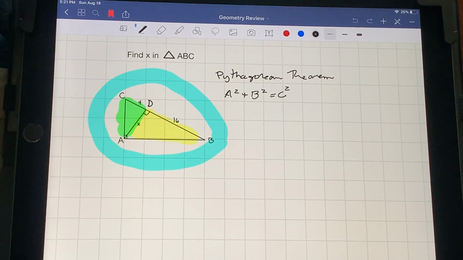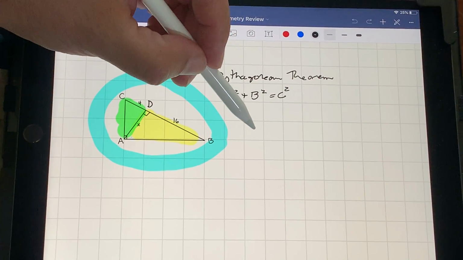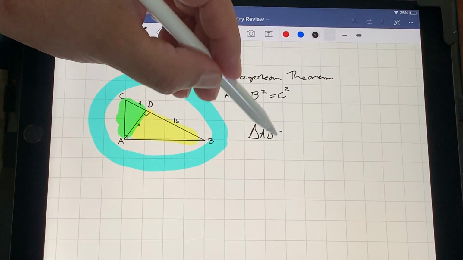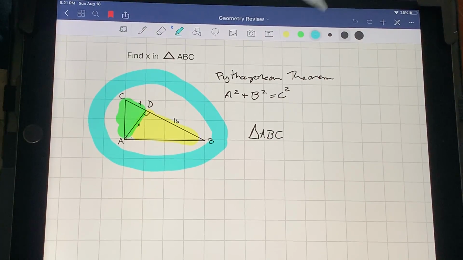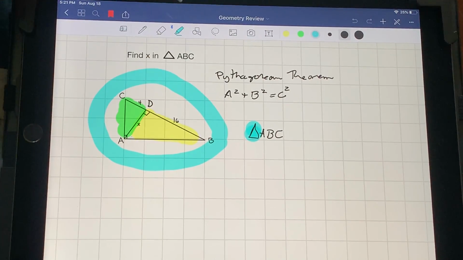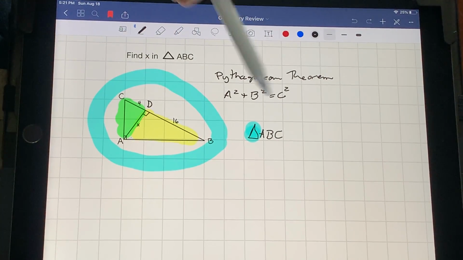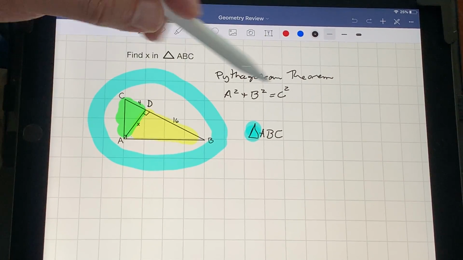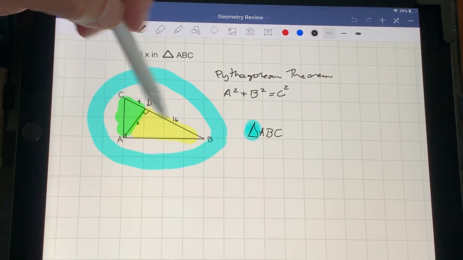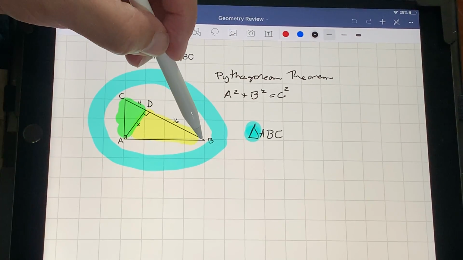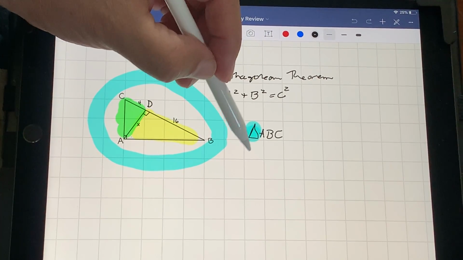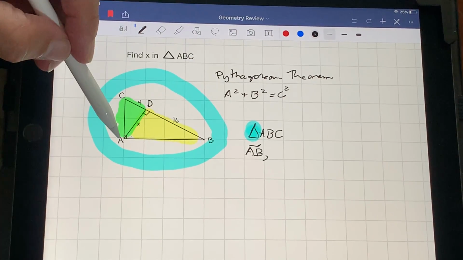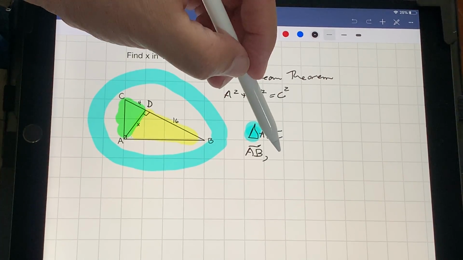So working with the first triangle, triangle ABC, and I'll add the color just so that we can identify it, then we can say that the legs formed for this triangle are legs AB, or segment AB, and then segment AC.